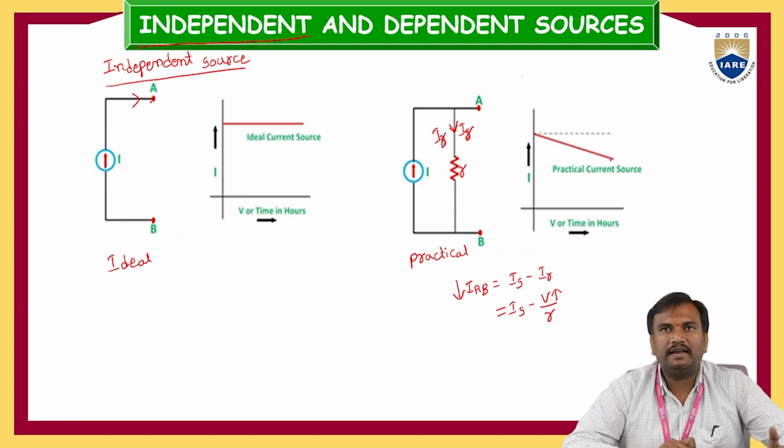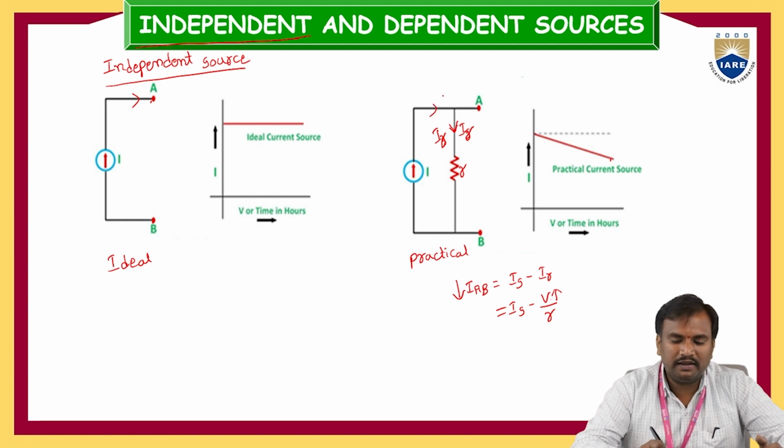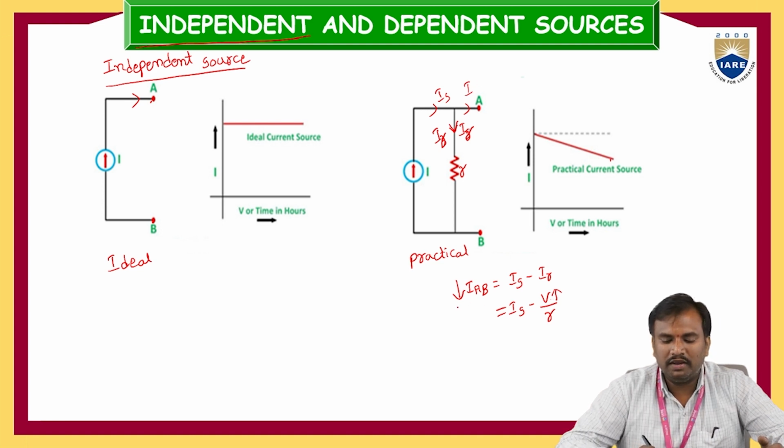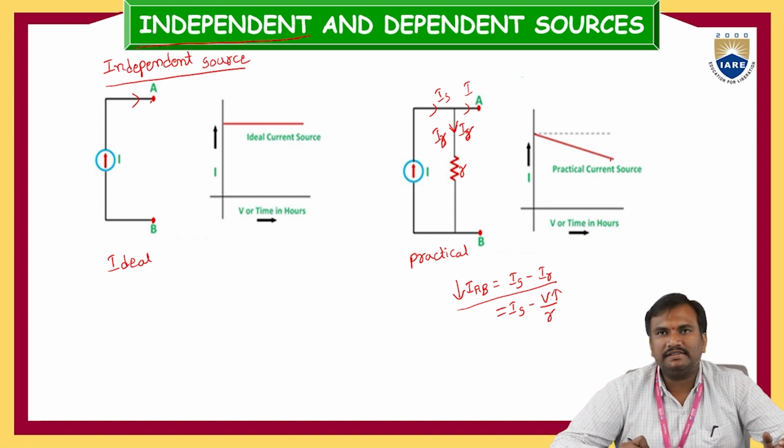Let us consider that current as IR. This current flows through the resistance, and the output current is IAB equals IS minus IR, where IR equals the voltage across the resistance divided by the resistance.